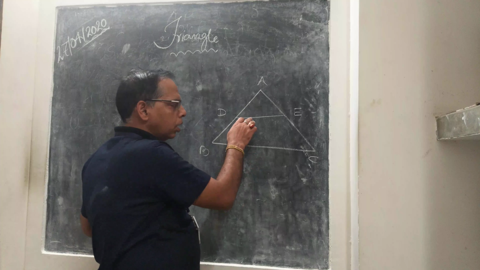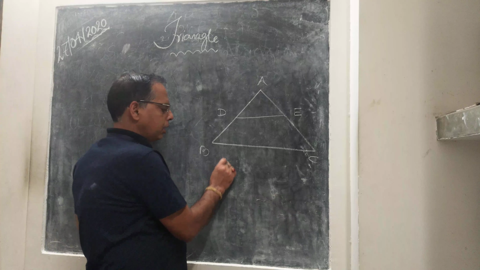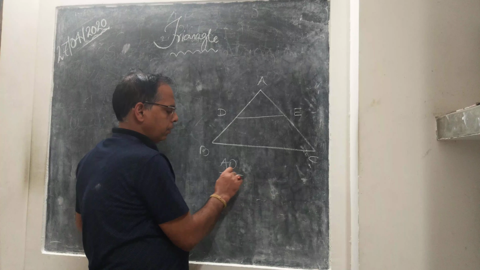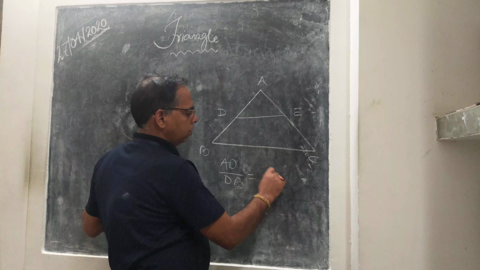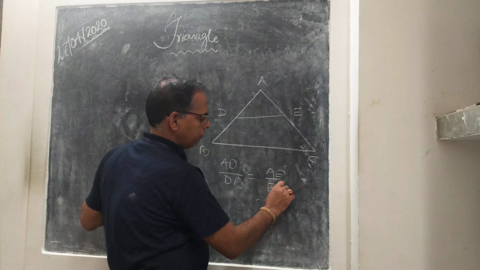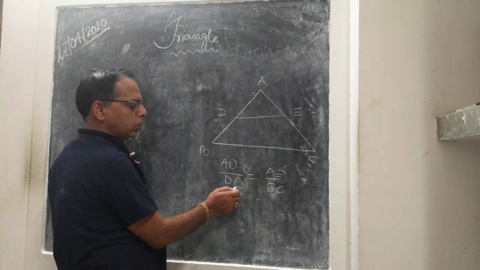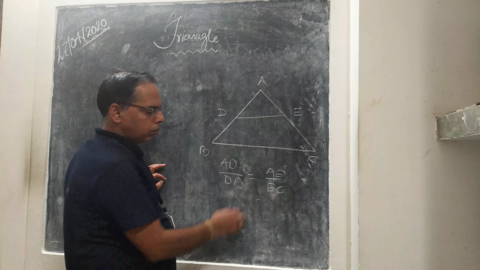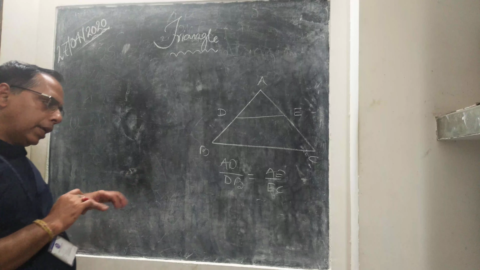If DE is parallel to the base, then AD by DB equals AE by EC. This is the first. Actually this is the BPT theorem we have to do. This one is actually what is being asked, but apart from that, you will get others also.